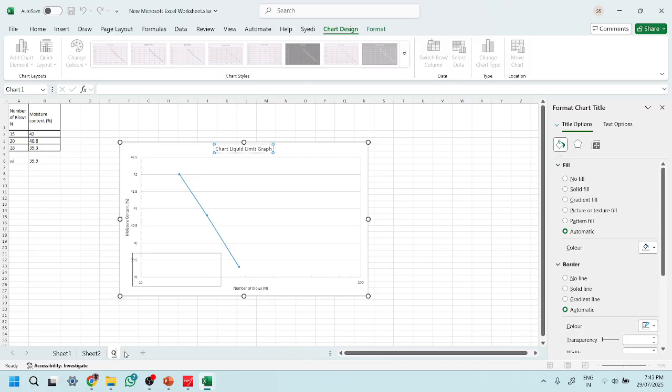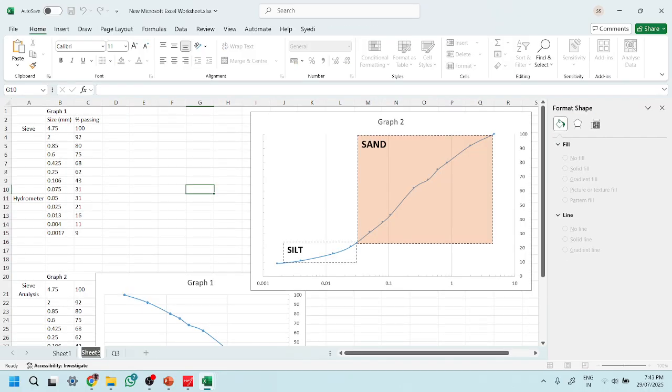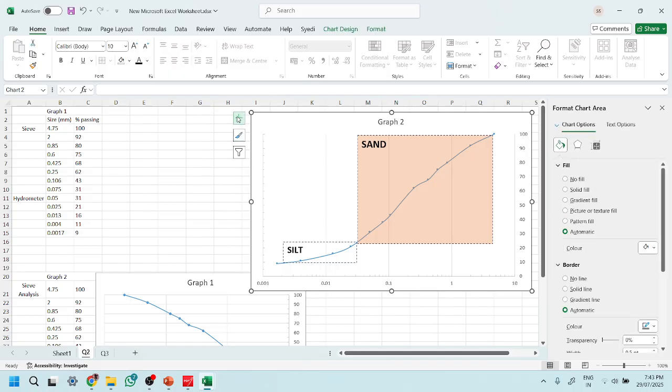This is question 3, this is question 2. Let's add the axis titles.